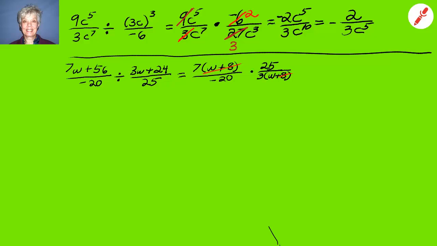Now the w plus 8s will cancel, and 5 will go into 20, -20, -4 times. 5 will go into 25 5 times.